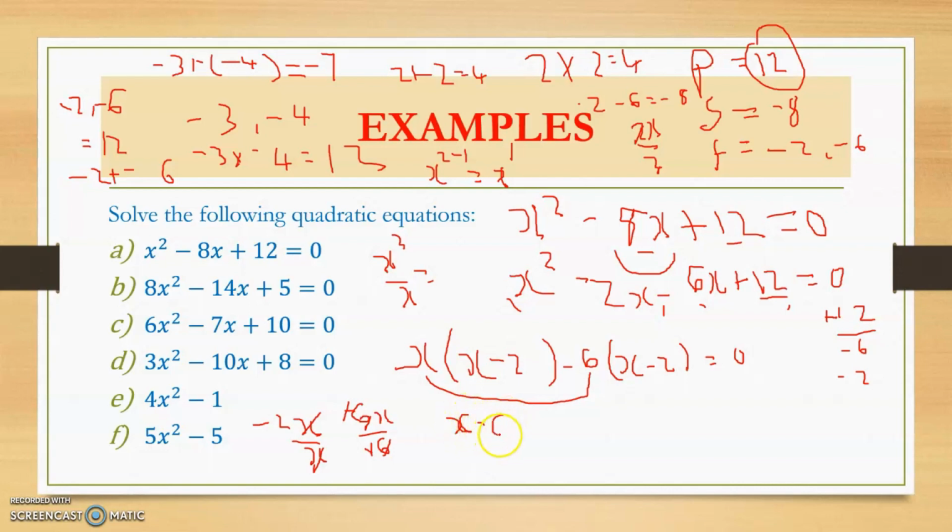That's minus 6. Then we pick one of these two, which is x minus 2, equal to 0. From here, we simply pick those terms that are within the brackets, separate them, and equate them to 0. Let me show you how we do this.